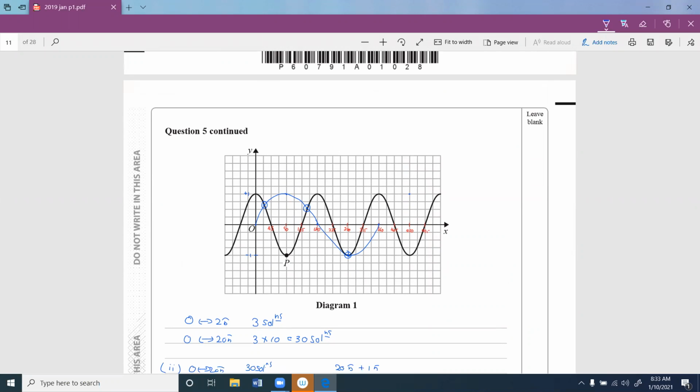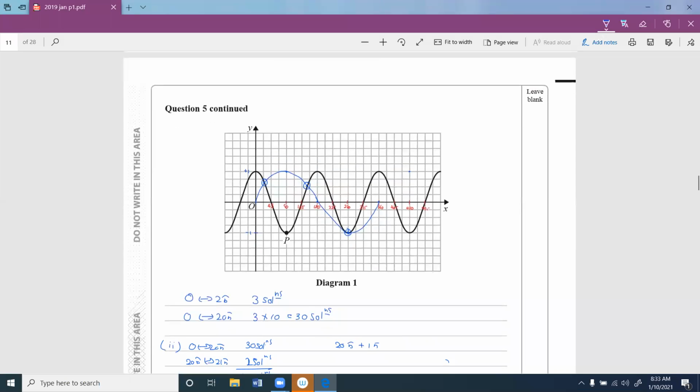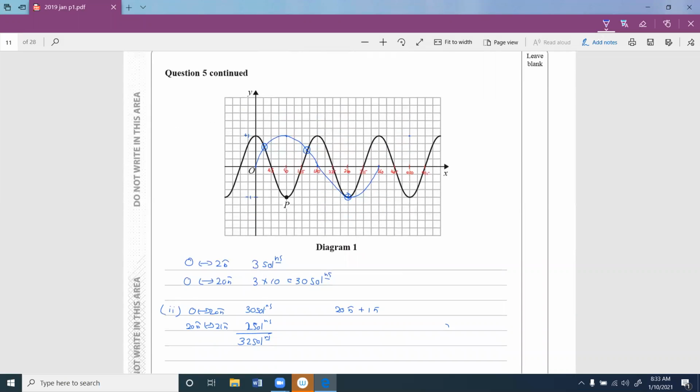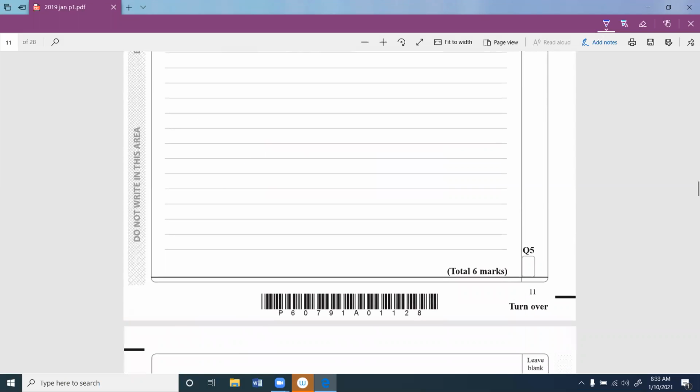Then 0 to 20π means 10 times this function, therefore it comes up to 30 solutions. But this is a little bit of a tricky question: they ask 20π to 21π, meaning you're starting from here to 1π. 1π means 180 degrees, so here there are another 2 additional intersections. That is why it turns up to 32 solutions. That is the fact we have to understand from this question, right?